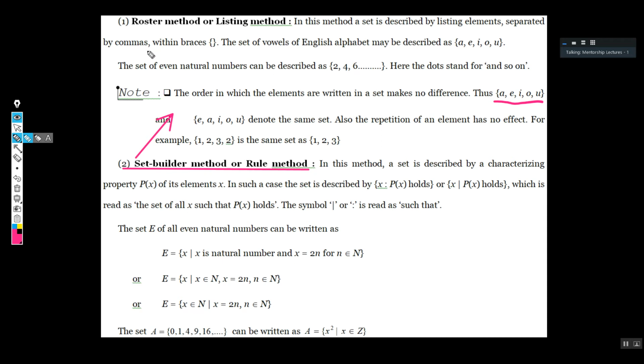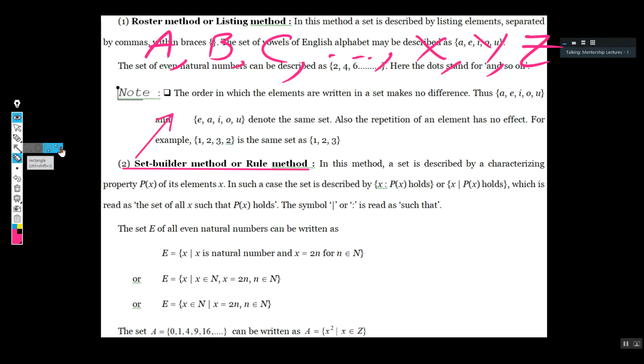Sets are generally denoted by capital letters A, B, C, and so on, X, Y, Z. So capital letters always represent the sets. Now if I want to represent this as set builder form, as a rule method, how do I represent it?